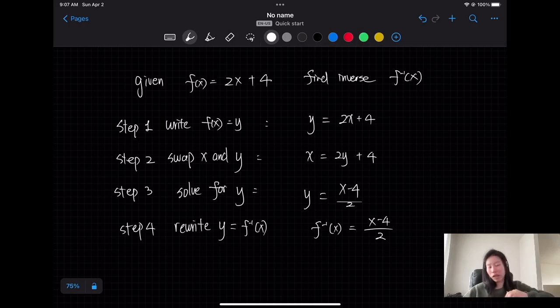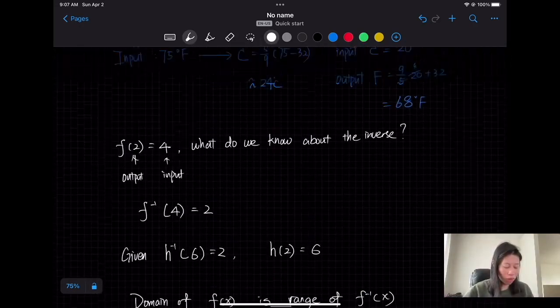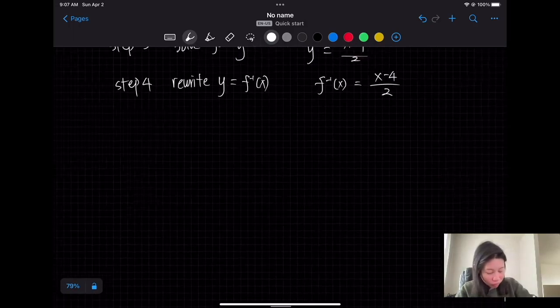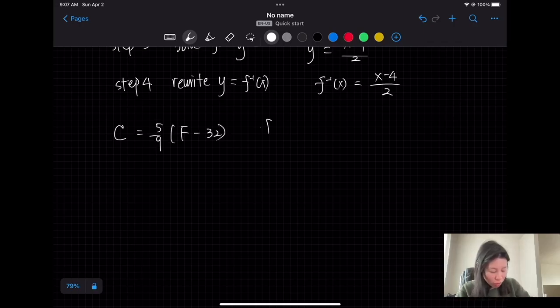Okay, well, let's try the Celsius and Fahrenheit function and try to swap them. The function we have is Celsius equals 5/9 Fahrenheit subtract 13/2. I want you to find the inverse function of the Celsius. Well, the first step is what?